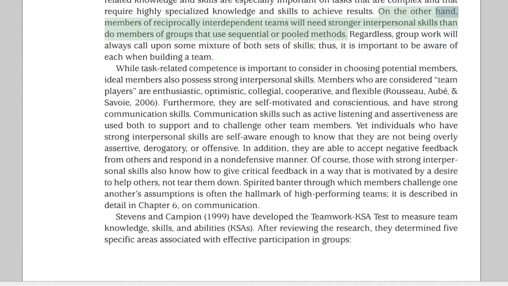On the other hand, members of reciprocally interdependent teams will need stronger interpersonal skills than do members of groups that use sequential or pooled methods. Regardless, group work will always call upon some mixture of both sets of skills, thus, it is important to be aware of each when building a team.